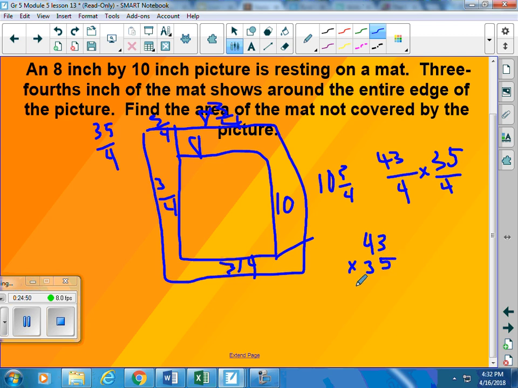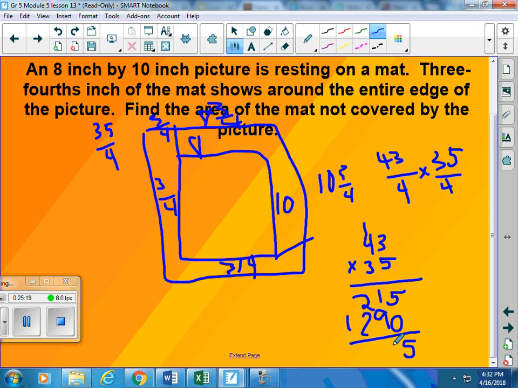5 times 3 equals 15. 5 times 4 equals 20. 20 plus 1 equals 21. Now I'm multiplying by 30. 30 times 3 equals 90. 3 times 4 equals 12.